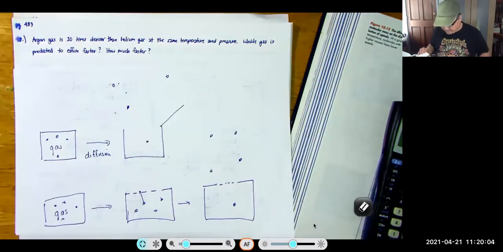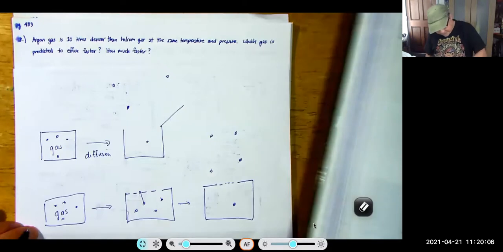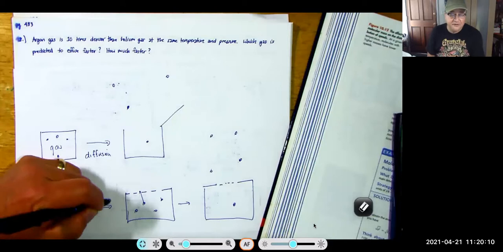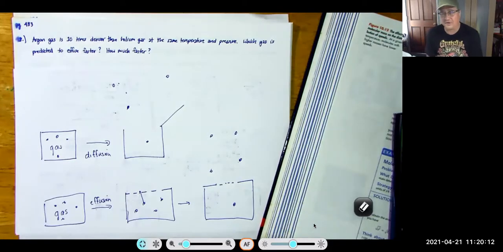Are you with me there? Yeah. This is effusion. So the big difference is diffusion, you don't have little holes you're going through. Effusion, you do. That's the difference.